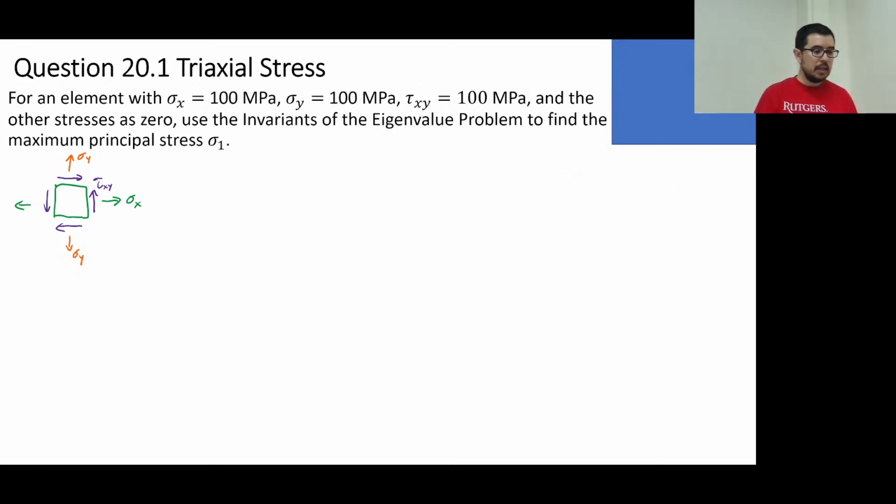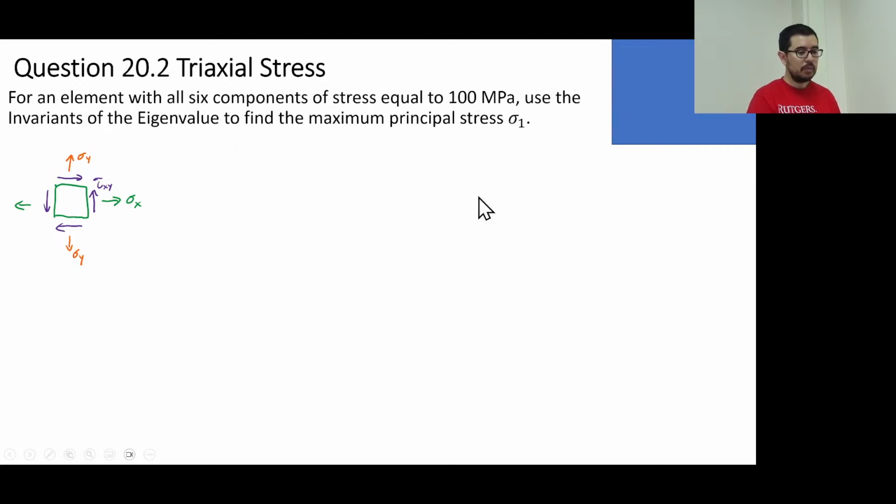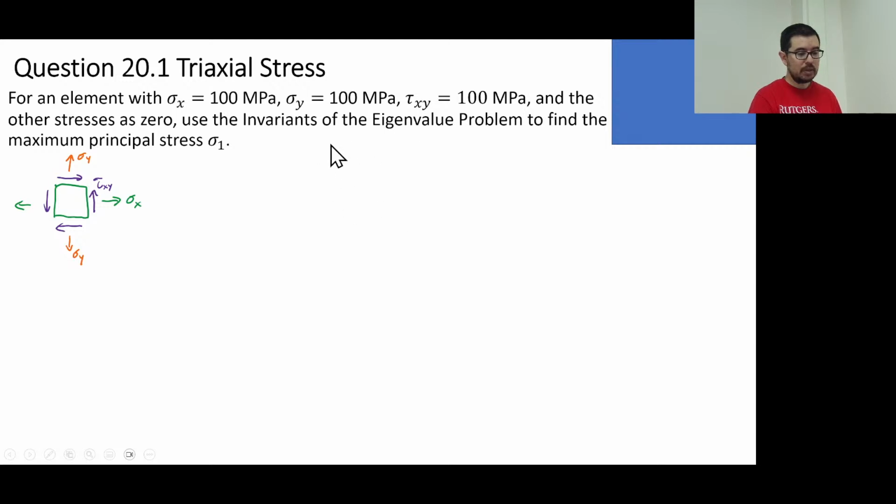Now, if we have sigma x equals 100, sigma y equals 100, and tau xy equals 100, you have an opportunity to work on that question. For the homework, you can use the invariants, so just use the Colab, essentially.